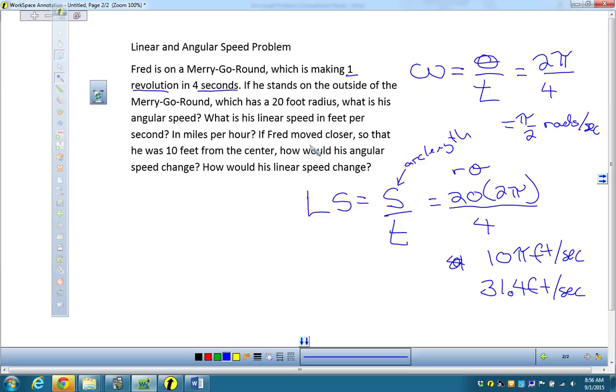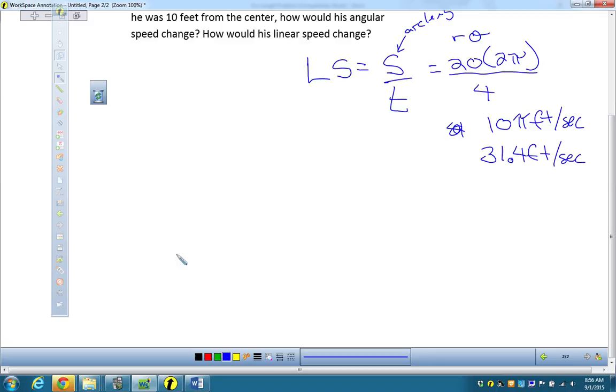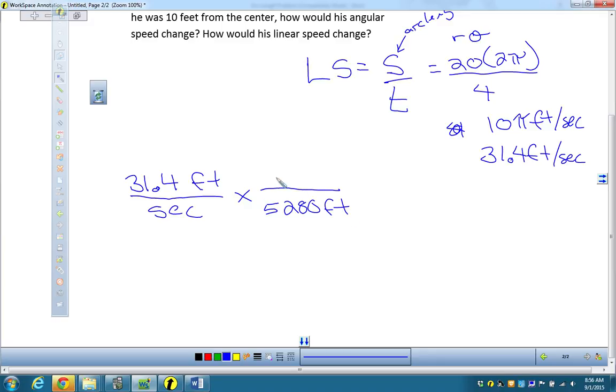In this type of problem, it's nice to know the speed in miles per hour, because the next thing they ask is his linear speed in miles per hour. This is dimensional analysis. 31.4 feet per second times how many feet in a mile? 5,280 feet is equal to 1 mile.